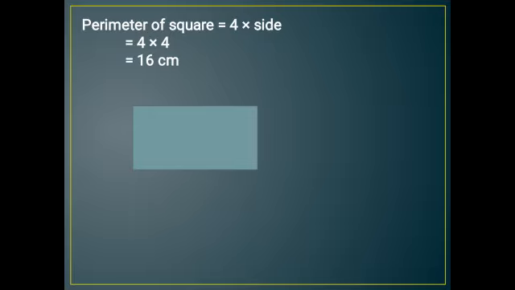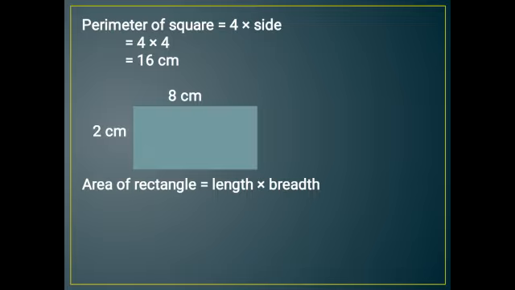Next we will find the perimeter and area of a rectangle whose length is 8 centimeter and breadth is 2 centimeter. We start with area of rectangle is equal to length into breadth. So 8 into 2, that is 8 2s are 16 square centimeter.